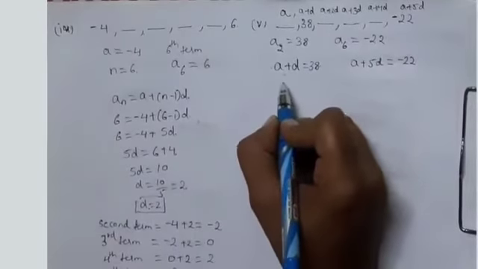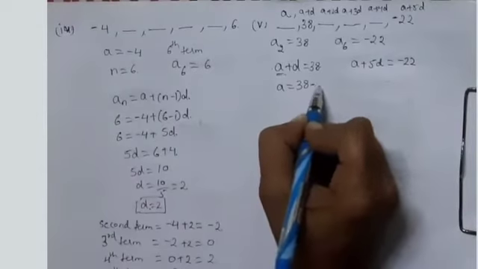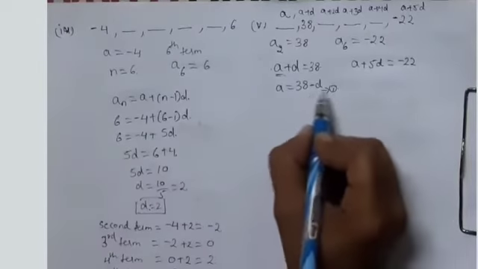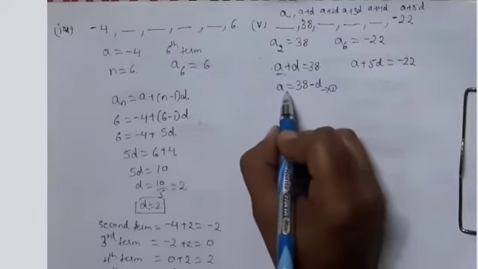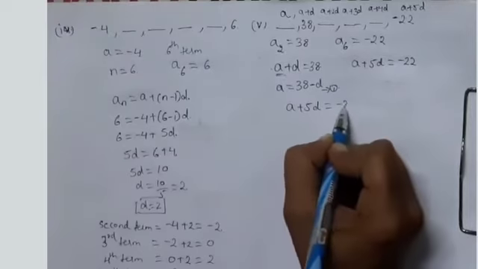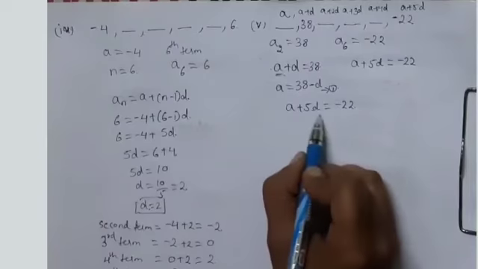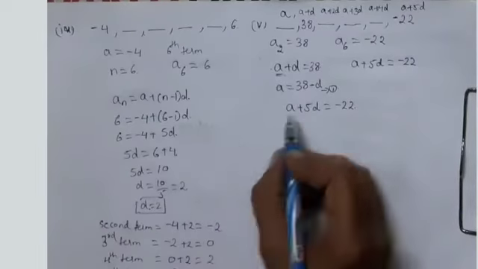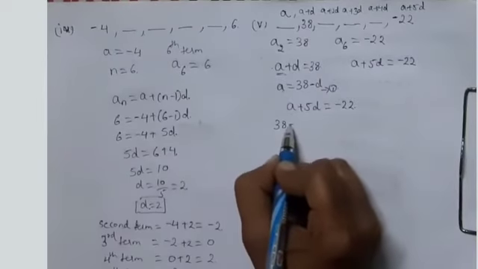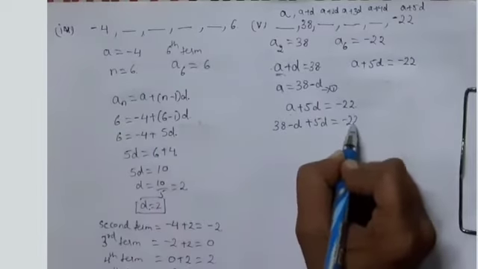Now from here I will take out the value of A. A will be equal to 38 minus D. Let me write this as equation 1, and the value of A that I get, I will substitute in A plus 5D equal to minus 22, so that we remain with only the variable D. So it will be 38 minus D plus 5D, which is equal to minus 22.